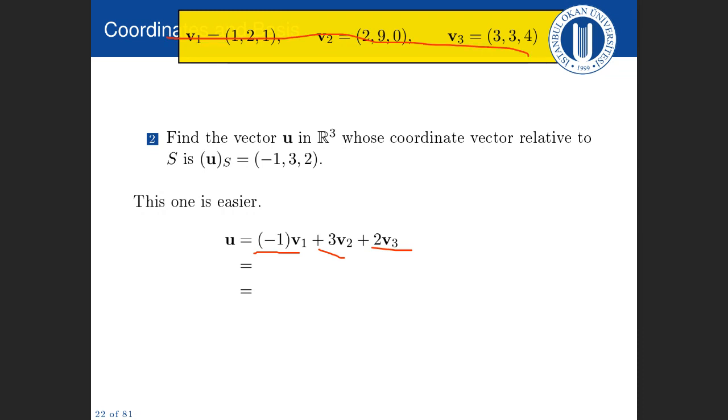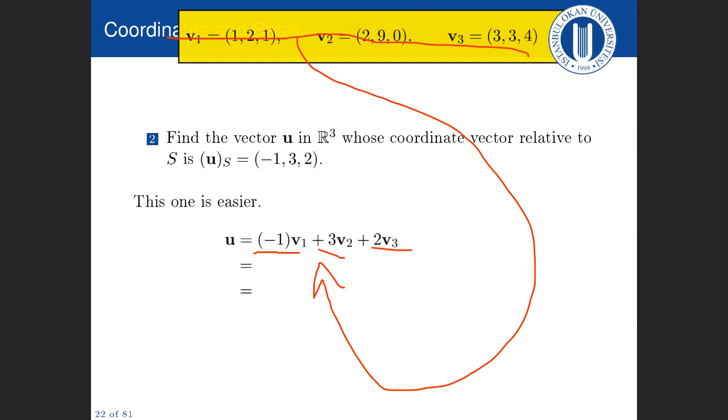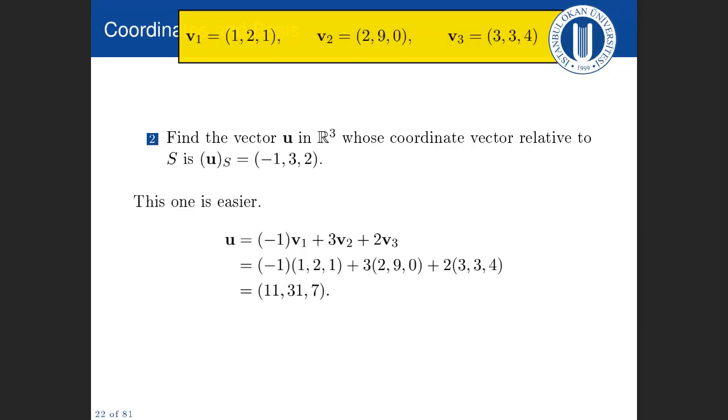So all we're going to do is take the vectors for v1, v2, v3, put them in here and simplify it. And I will leave it for you to check that if I haven't made any mistakes, the answer is 11, 31, 7.